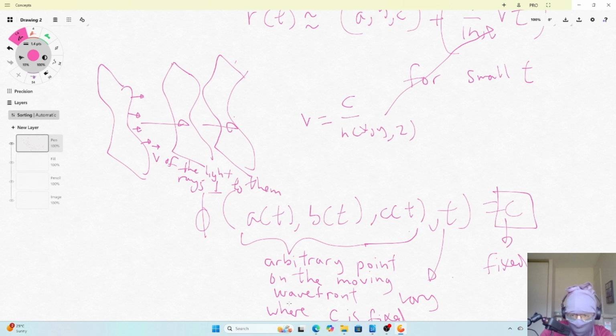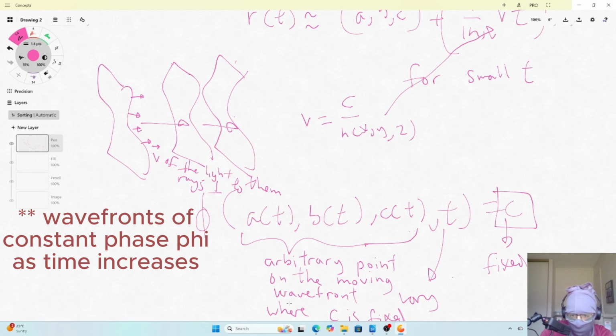That's how the wavefront of light waves moves.